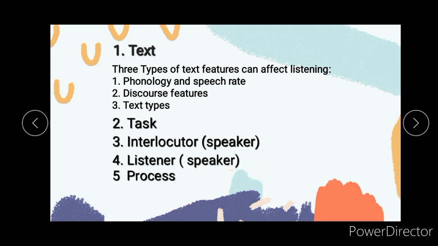And the last one is in terms of the process. This refers to the type of processing that listeners use, whether top-down or bottom-up or both. The type of listening strategy used by the listener is an important factor.